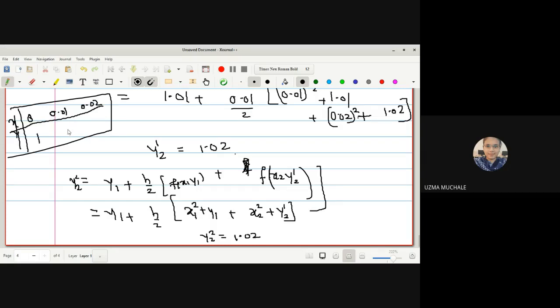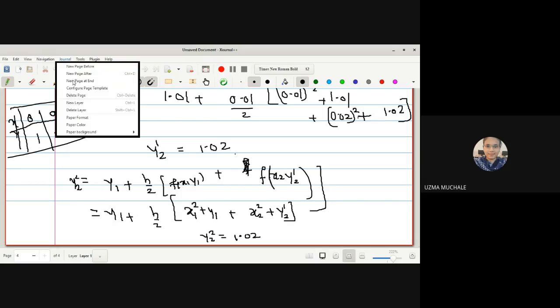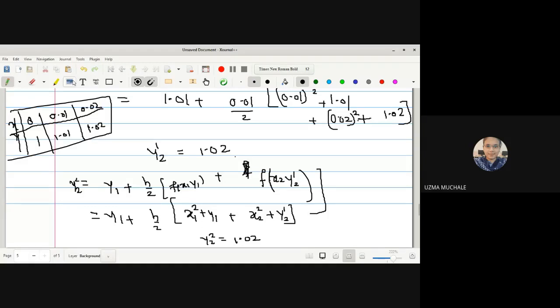For 0.01, what we got, the answer is 1.01. Correct? Is there any doubt?